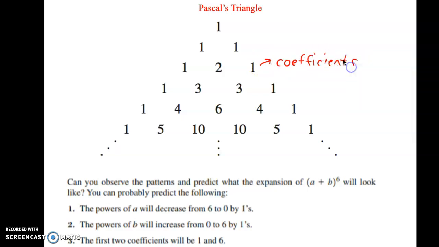So if I wanted a plus b to the 4th power, we would get 1a to the 4th plus 4a cubed b plus 6a squared b squared plus 4ab cubed plus 1b to the 4th. We're going to talk on the next slide or two about how we come up with the variables, but the coefficients are straight from Pascal's triangle.